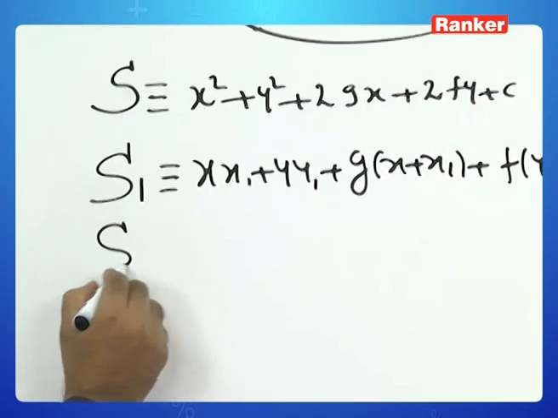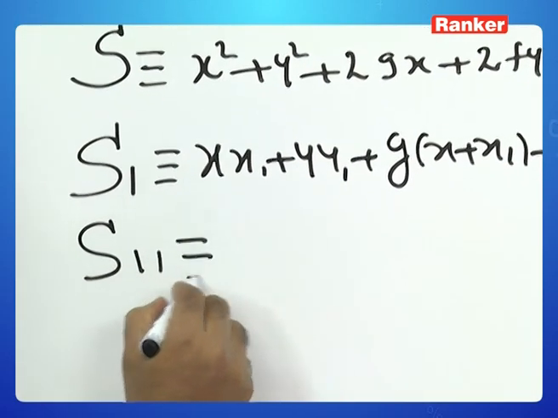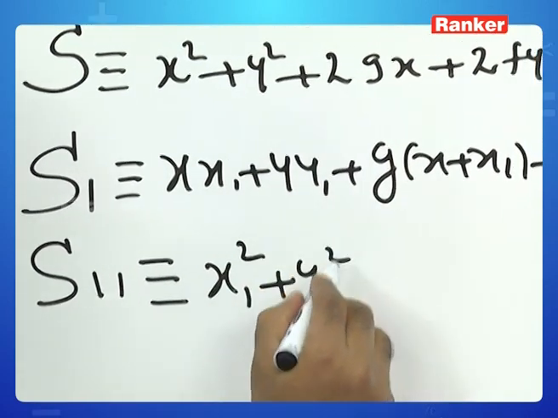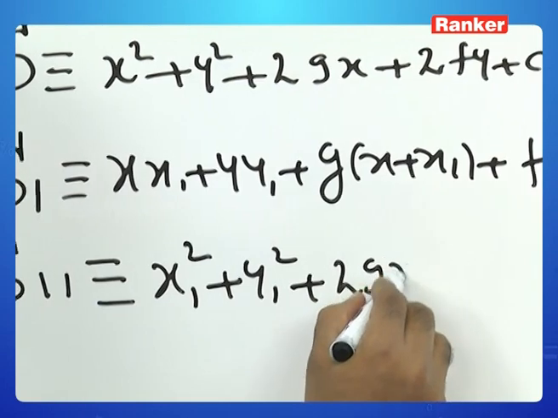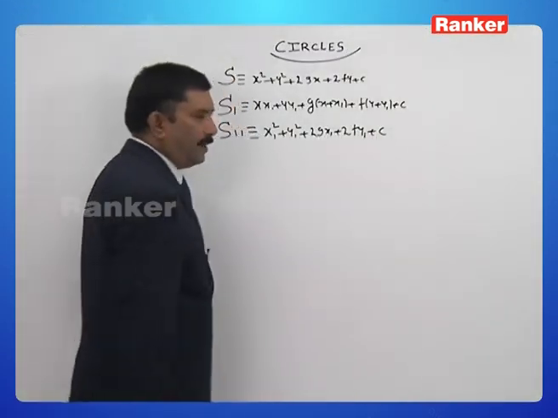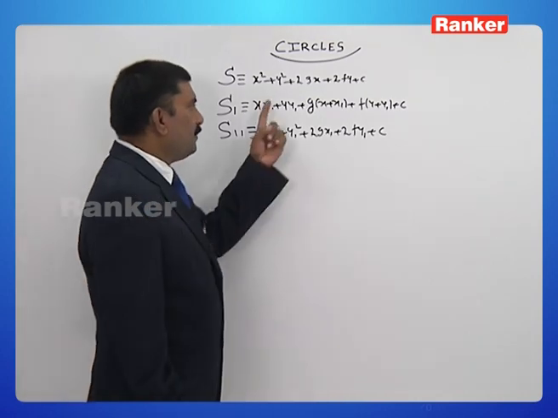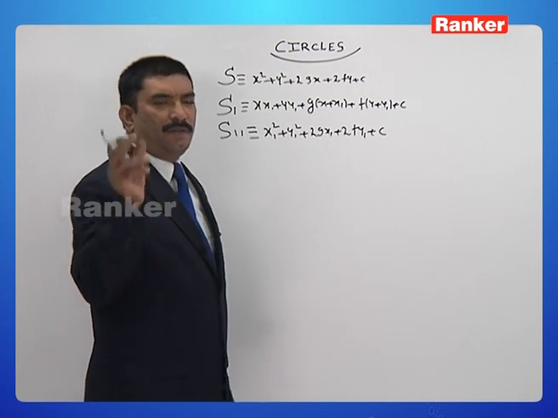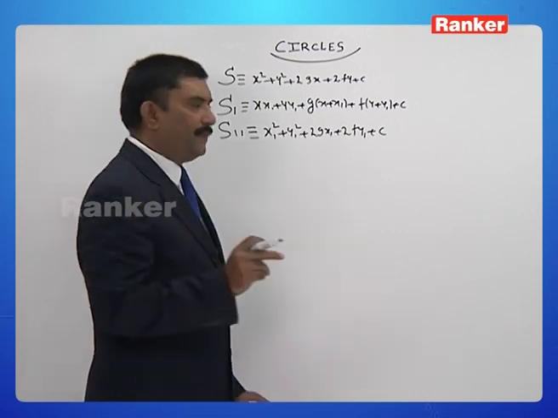Next, S11 is represented by x1 square plus y1 square plus 2gx1 plus 2fy1 plus c. That means in this equation, in place of x and y, you are substituting x1 and y1.